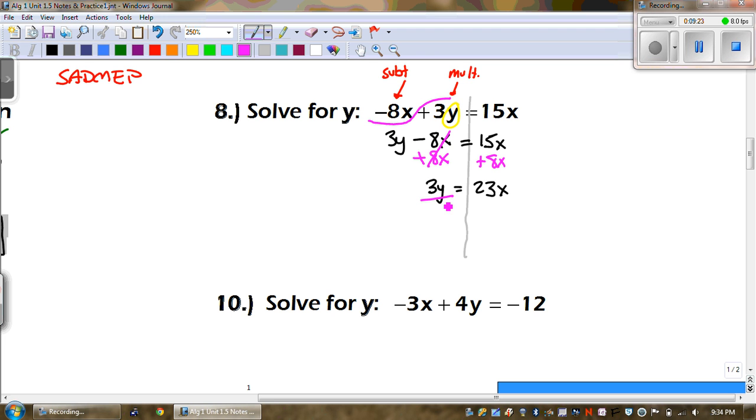Okay, so to get rid of multiplication, we use division. Those cancel, and now the y is all by itself, and we're left with 23 over 3. Does 23 over 3 reduce? Nope, it doesn't. So we're left with 23 over 3x. And that is your final answer.